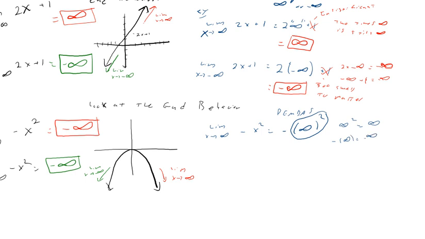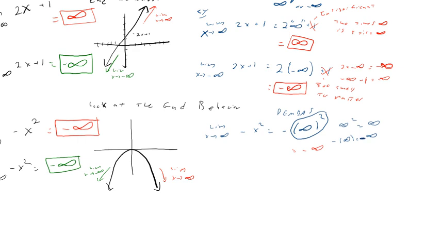And remember, that was our answer we got, this negative infinity over here. The reason why it's negative infinity is because this negative in the front makes this infinity into a negative infinity. It makes the problem negative. That negative in the front changes the sign of our infinity, because you're multiplying negative times infinity.